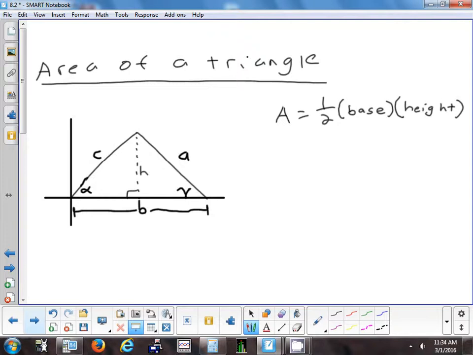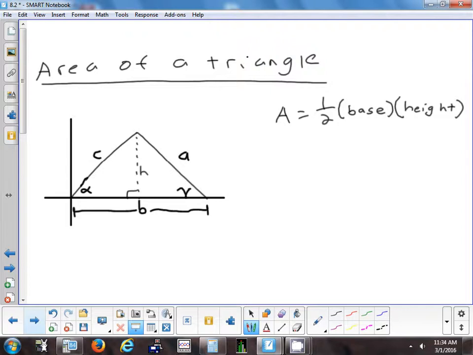One of them is based on the law of cosines, and we're not going to go through the whole proof of it. It's pretty long. And the first one here doesn't really connect with law of cosines, but it connects with the area of a triangle. So that's why we're doing the formula.